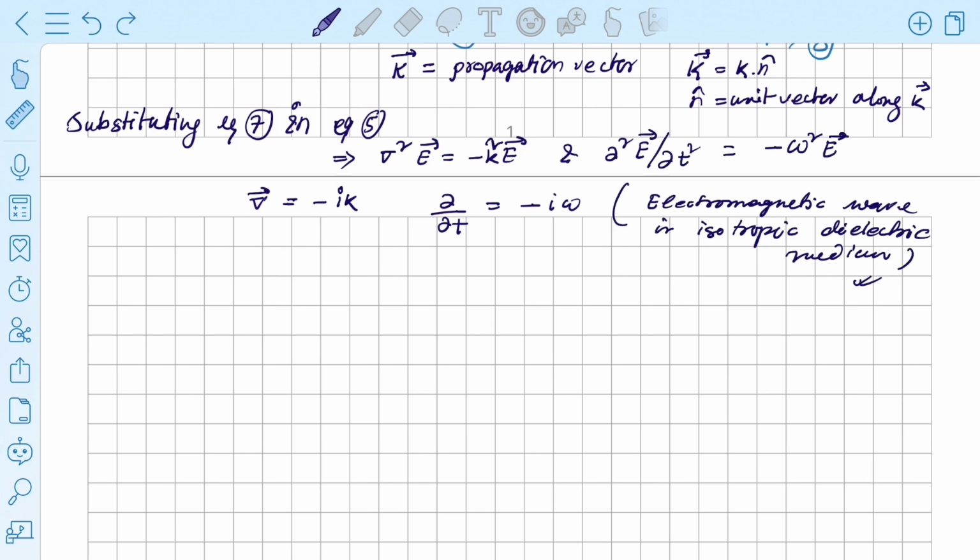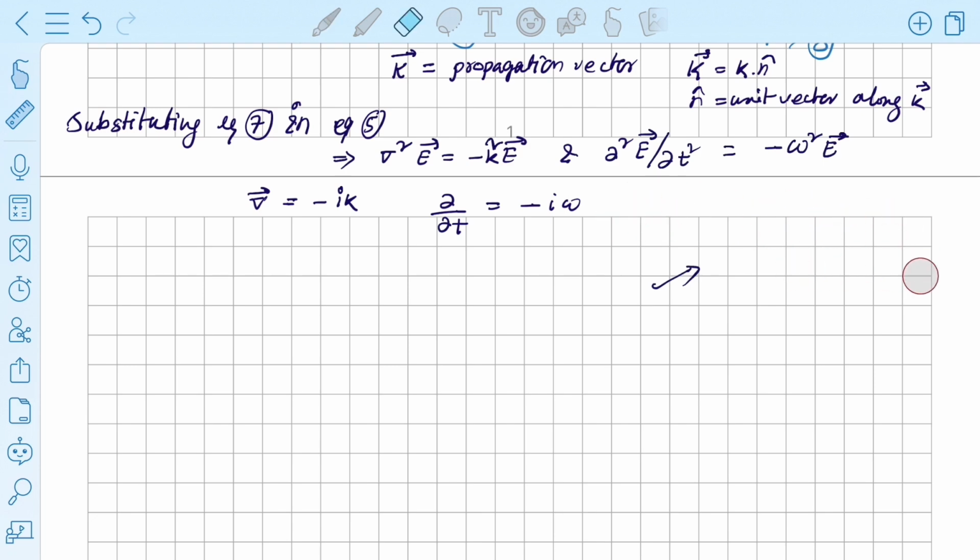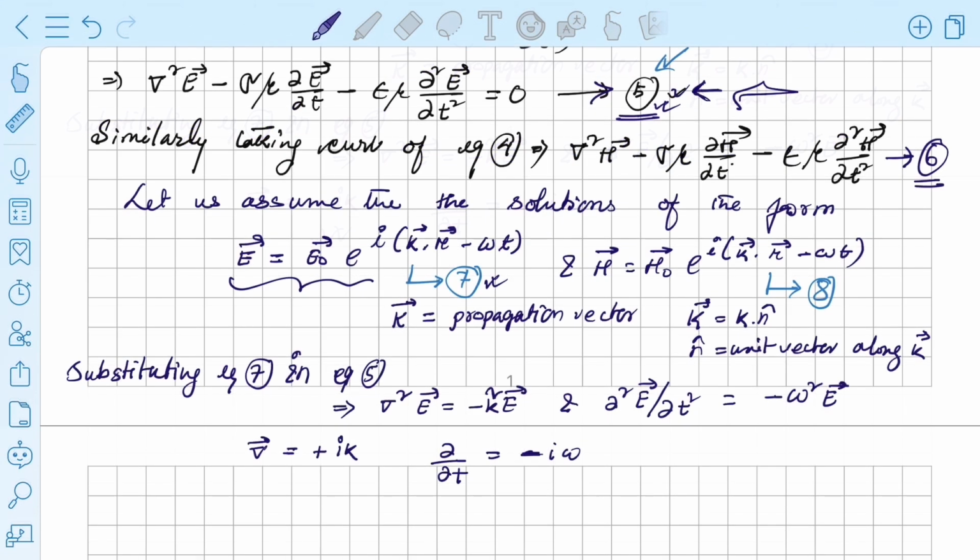If you want to know how to get this, just watch that video. Just search electromagnetic wave isotropic dielectric medium by Lekajit, then you're going to get that video. So here we don't need to explain each and every term, we're just going to use this directly.